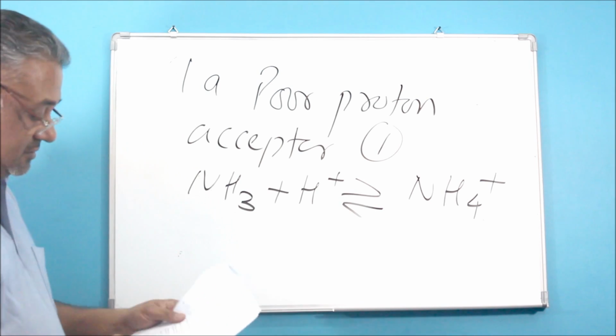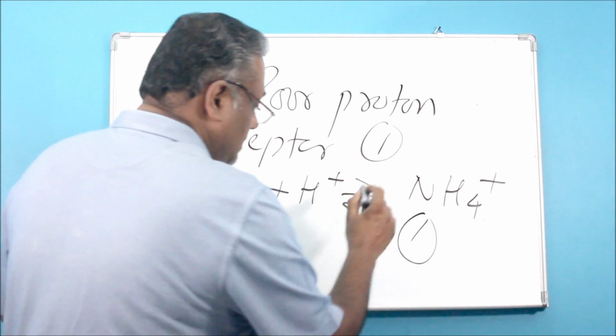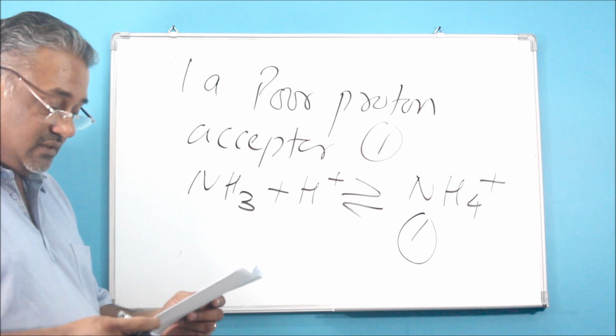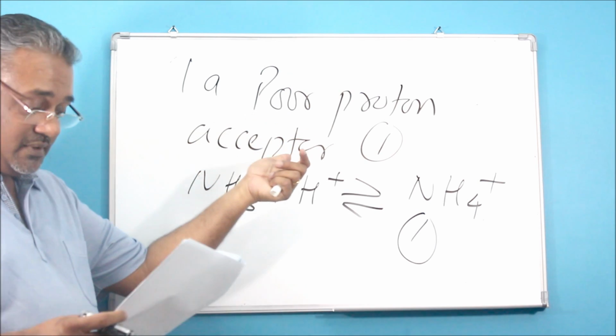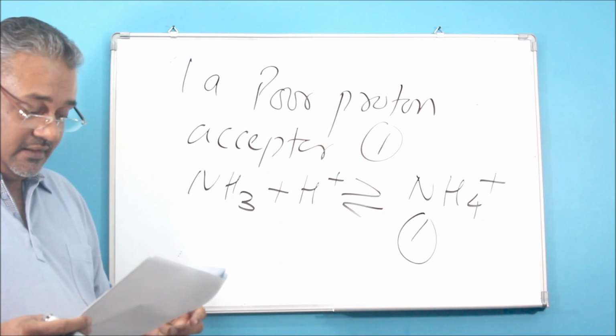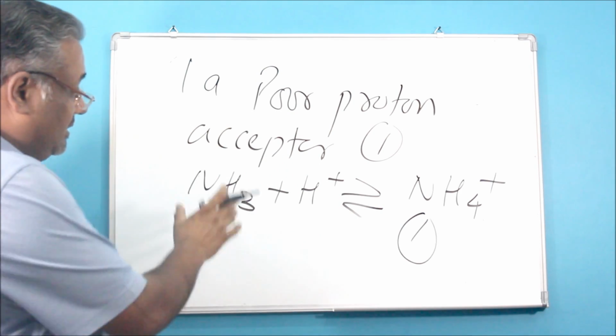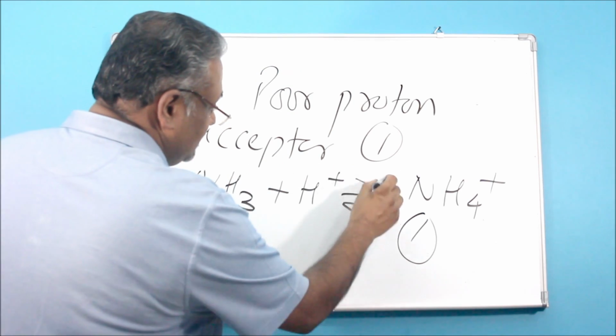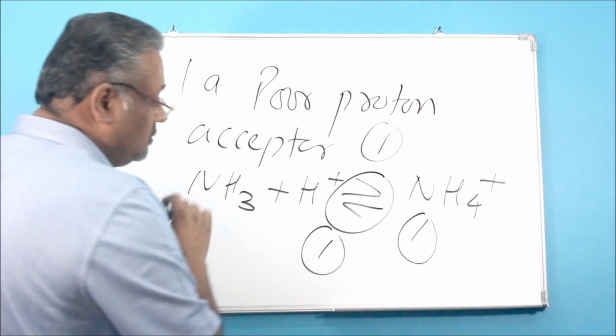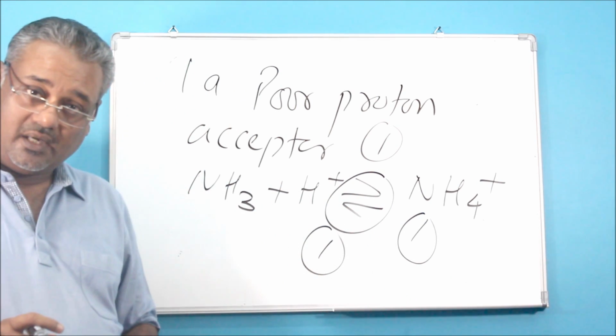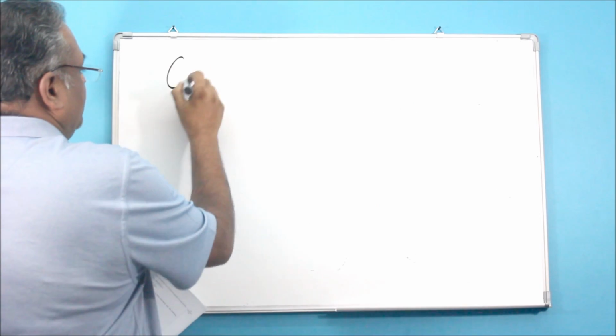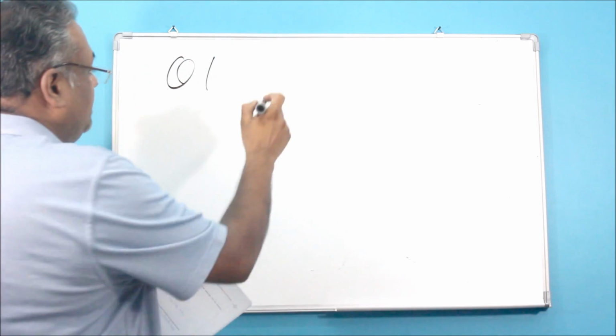So if you write an equation, that should give you 1 mark, and the definition stating that it's a poor proton acceptor is worth 1 mark. And if you show the reversible sign in this equation, that's worth 1 mark. So that's usually how the 3 marks are given. This is for the first question, C part.